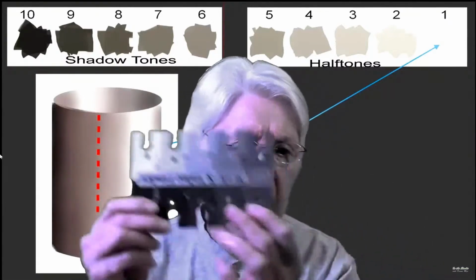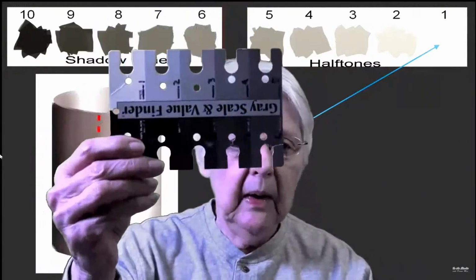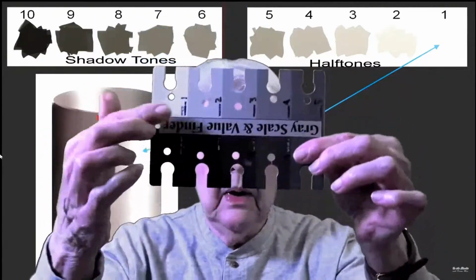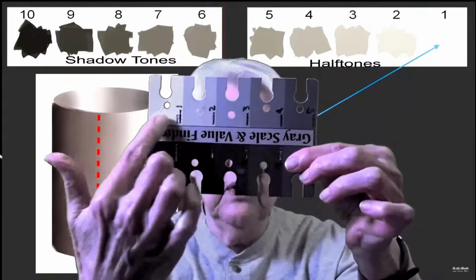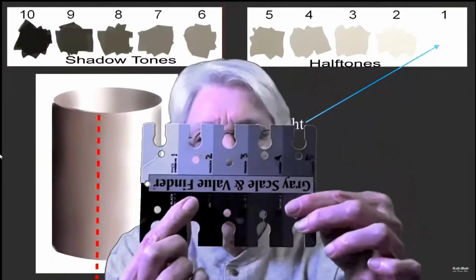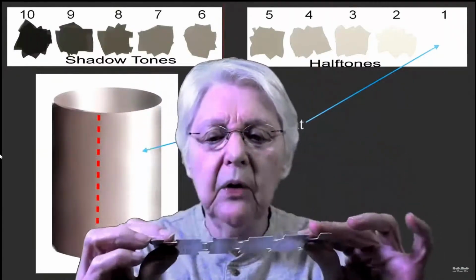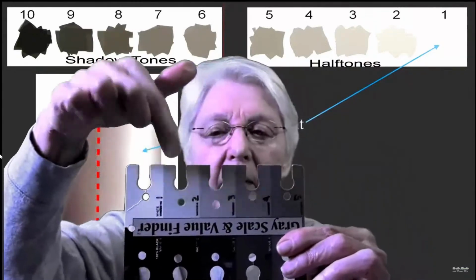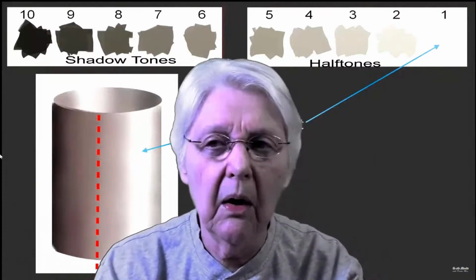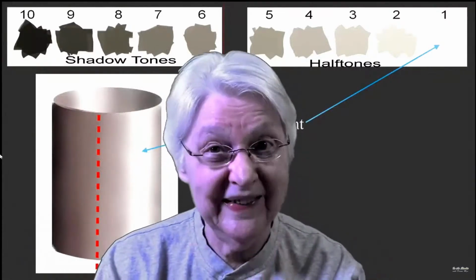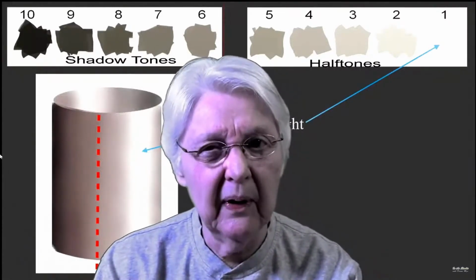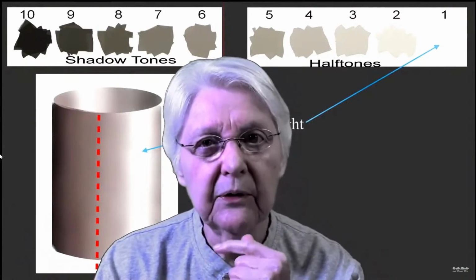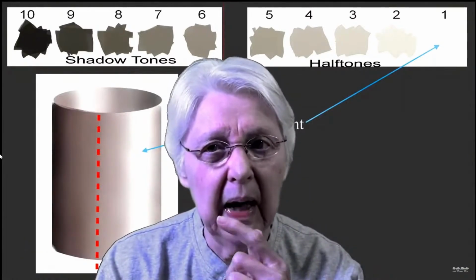Well, this one's a better one. So if you're referring to a value scale such as this, then you see that halftones are in this value range right in here. Now, those halftones are caused by light. Doesn't matter what the color of the surface is, those halftones are caused by light.